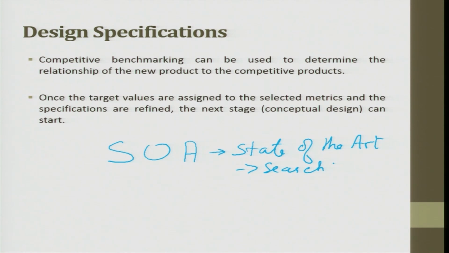That means what is available nationally, what is available internationally. You should look at a similar or almost the same product, and then try to redefine your specification such that you can serve the same customers in a better fashion. So, the state of the art search is very, very important. It tells very clearly what competitive products are available, and then you can do a benchmarking of it and try to come up with your product.